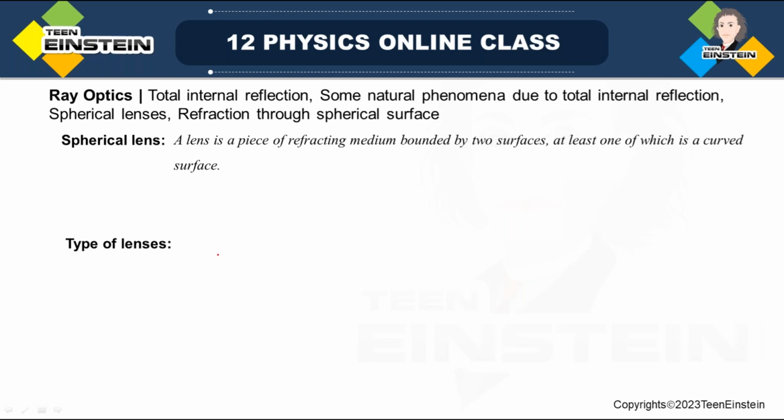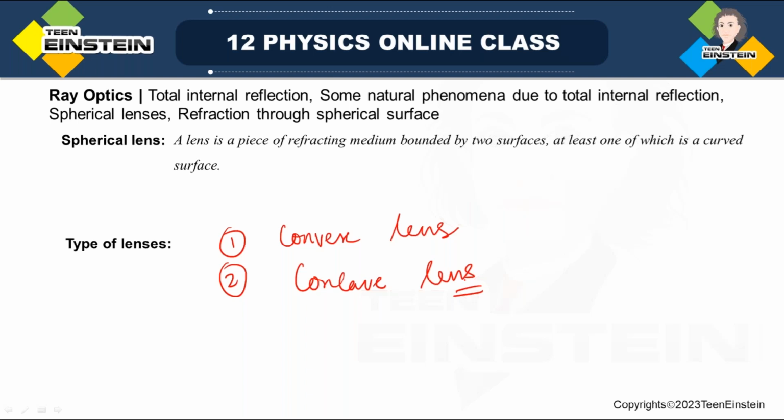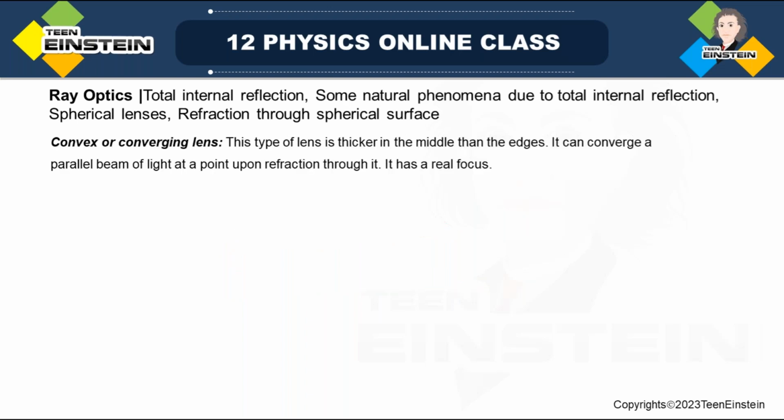Now there are mainly two types of lenses. One is the convex lens, and the other one is the concave lens. We'll discuss them in detail.